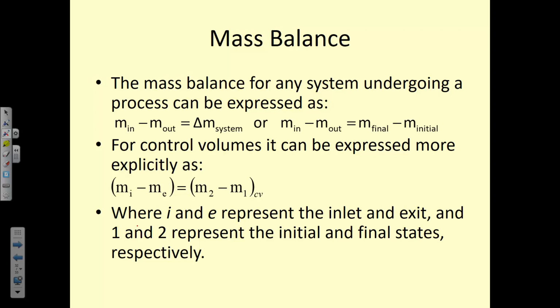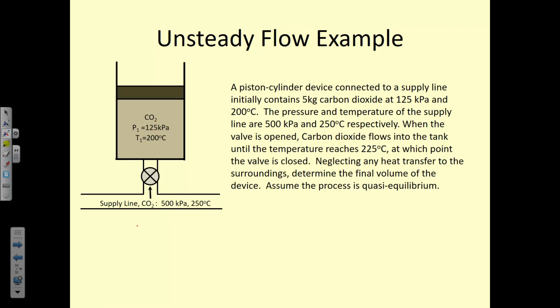The mass balance is similar: the mass in minus the mass out is equal to the change in the mass of the system, or mass in minus mass out is M final minus M initial. And for control volumes, if the flow is in and out, then you just have an inlet and an exit is equal to M2 minus M1. So again, make sure that you understand your subscripts because there's many different ways to write it.